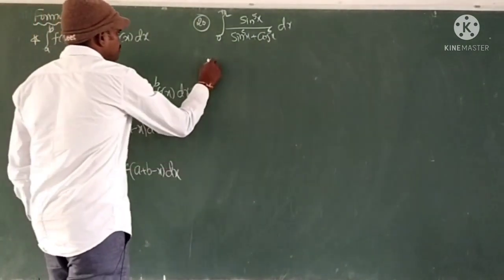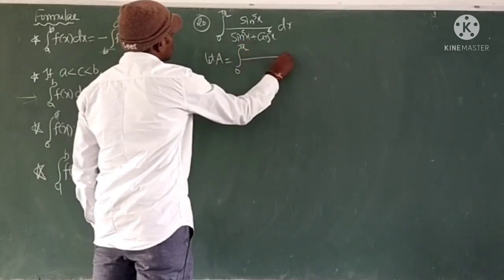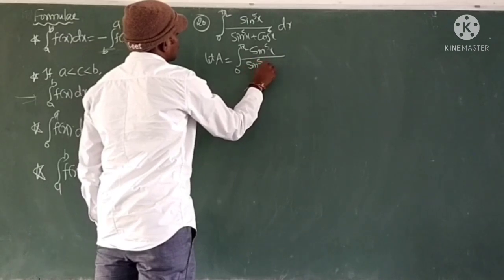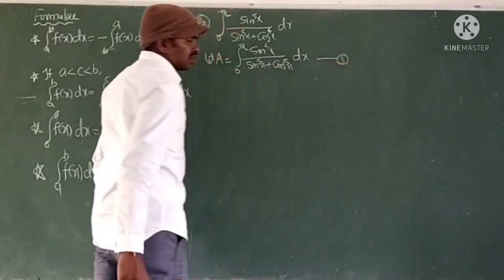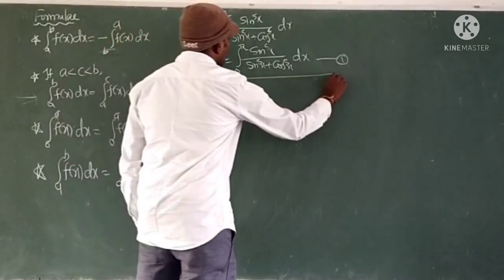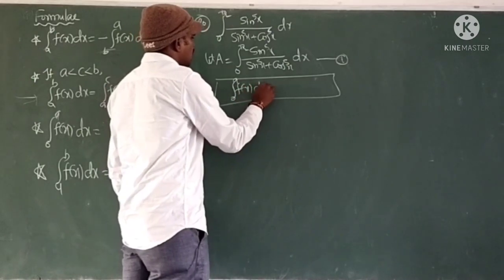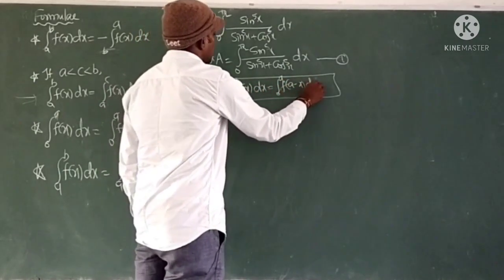So first let A equal to integration 0 to pi by 2 of the same question, sin power 5x by sin power 5x plus cos power 5x dx. This is taken as equation 1. Generally we know one formula, that integration 0 to a of f of x dx is also written as integration 0 to a of f of a minus x dx.